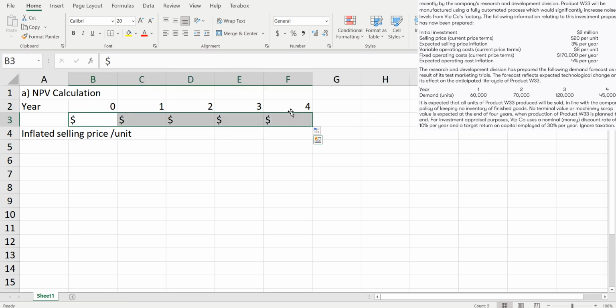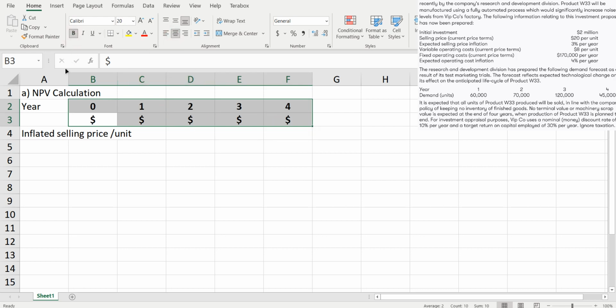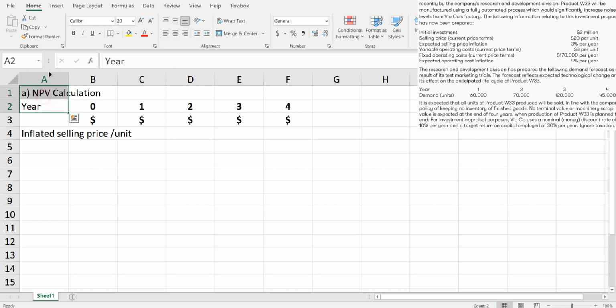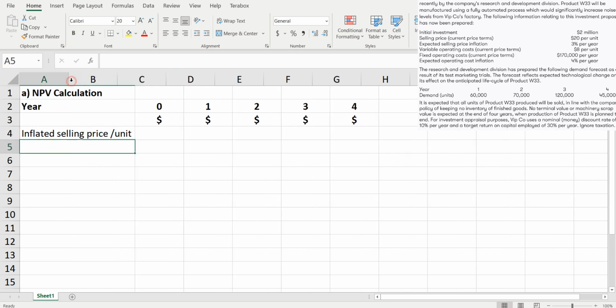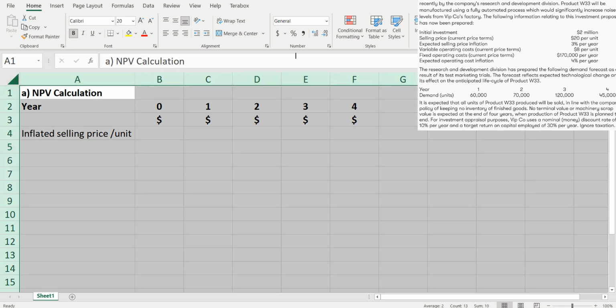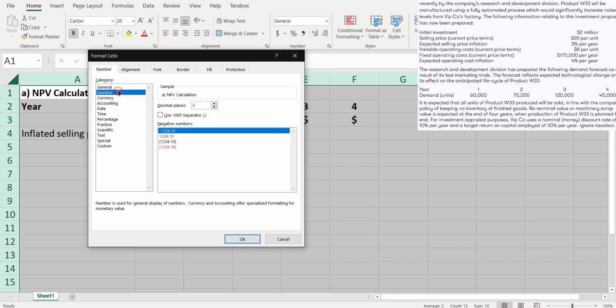You can center it if you want. Also let's do the formatting. Click here or press Ctrl+1, same thing, number, third one.